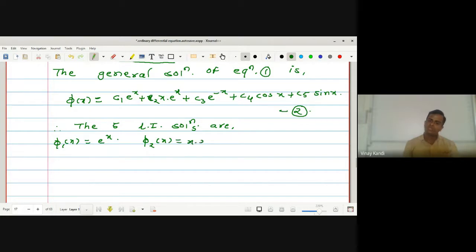x into e raised to x. Okay, what is phi 3? e raised to minus x. What is phi 4? cos x. And what is phi 5? sin x.